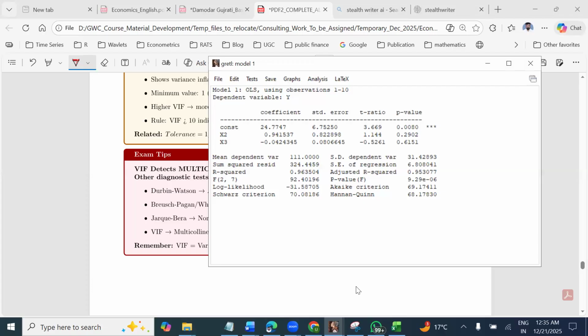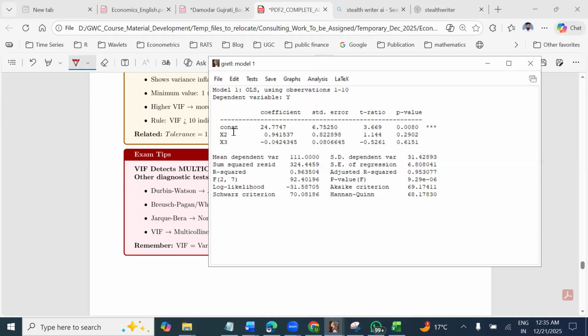Now what next, where will I go? What will I check? Sangeeta, next what will I check? I will check the t test, t value, p value, sir. The t test, because it is an individual test.